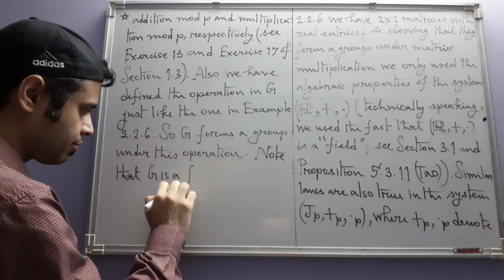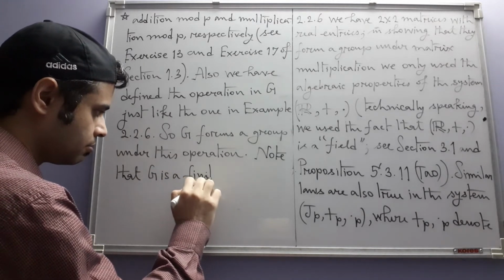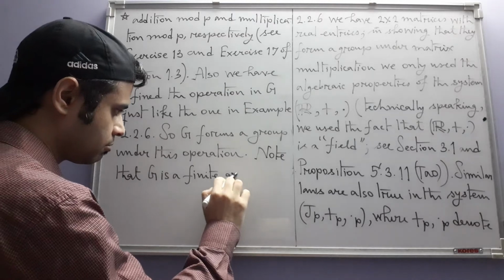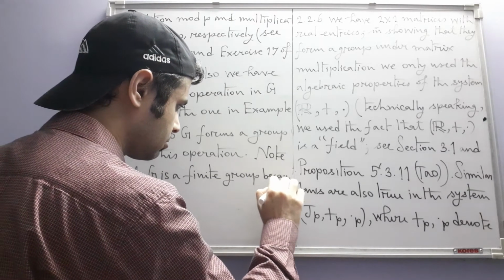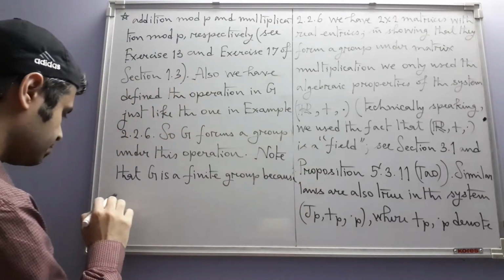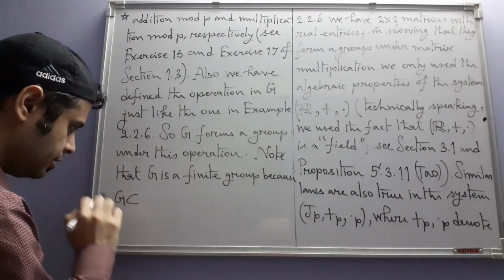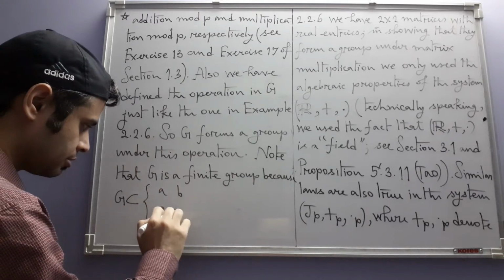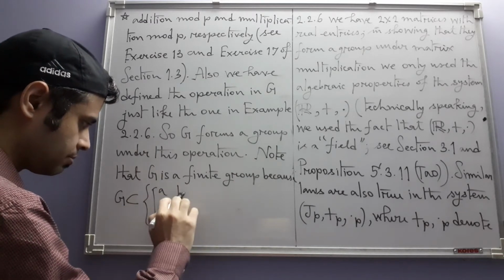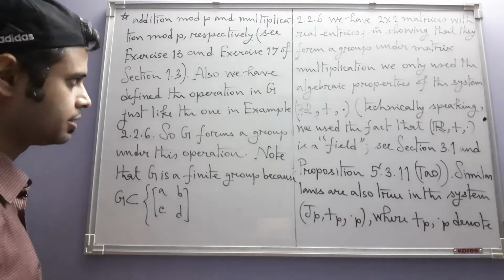G is a finite group because G is contained in the set of all such matrices without any further restriction.